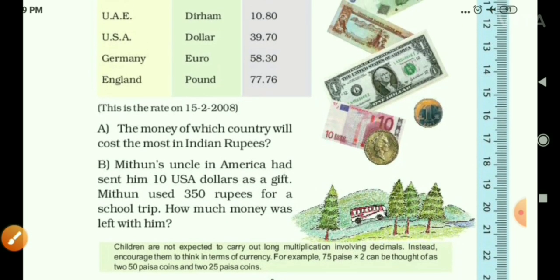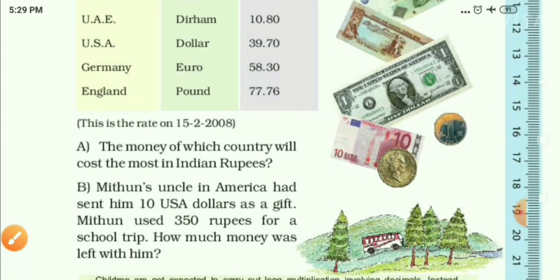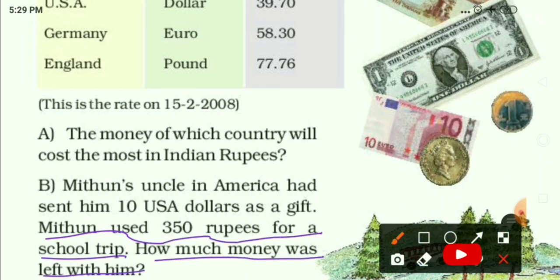Now question B: Mithun's uncle in America had sent him 10 USA dollars as a gift. Mithun used 350 rupees for a school trip. How much money was left with him?